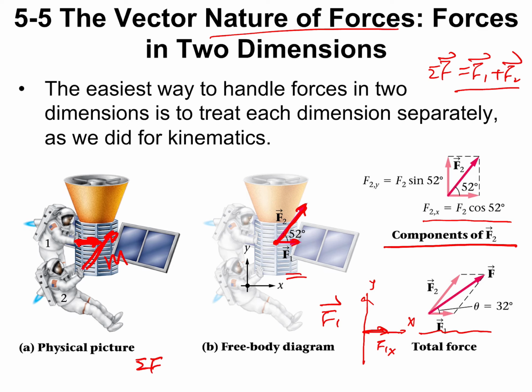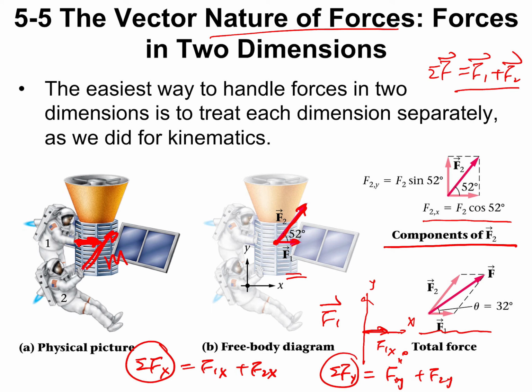And then the net force x component is equal to F1x plus F2x, and the net force y component is equal to, well, F1y equal to 0, right? Equal to 0 plus F2y. So you know the net force's x component and y component, and then you combine them together.